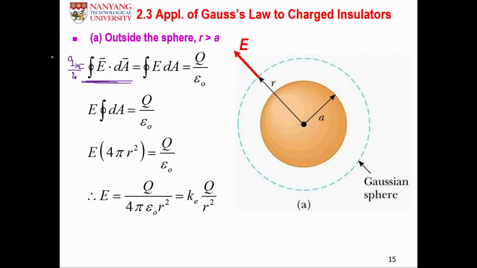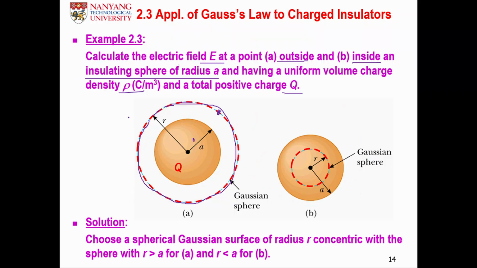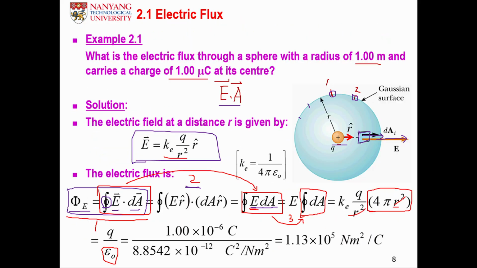So now, first of all, let's look at this Q in. For this Gaussian surface, the Q in should be just this total charge Q, right? Because now the Gaussian surface is outside the sphere. And this is the first part. And the second part, we also need to figure out this integration, the integration of E dot dA. And for exactly the same reason we just discussed here, step 2.